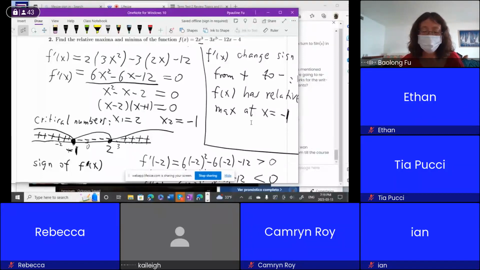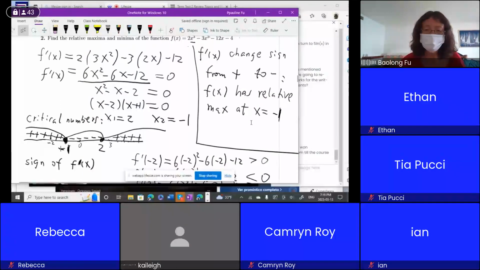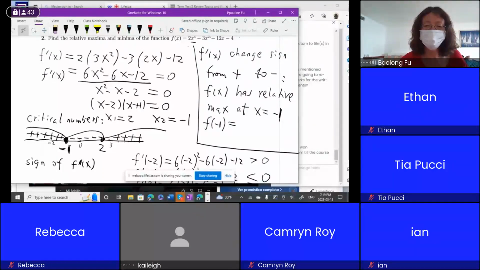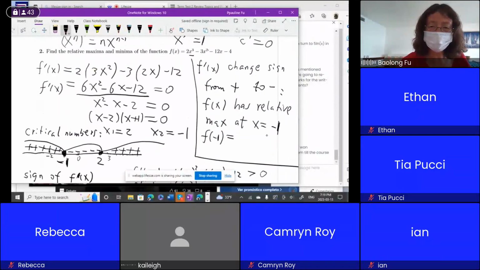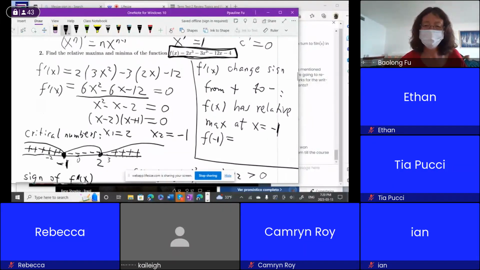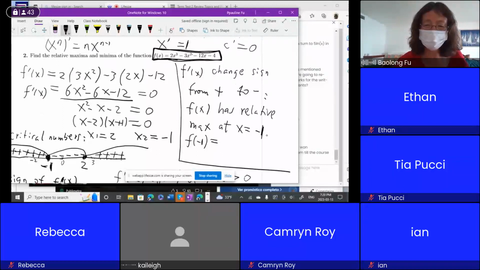So what is the maximum? You have to calculate f of negative 1. You have to plug into the original function to calculate the maximum value. So plug x equal to negative 1 into the original function.